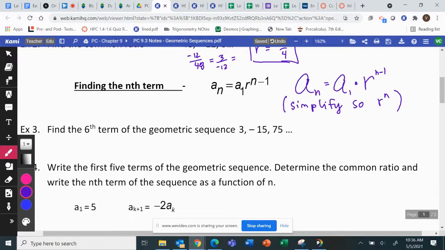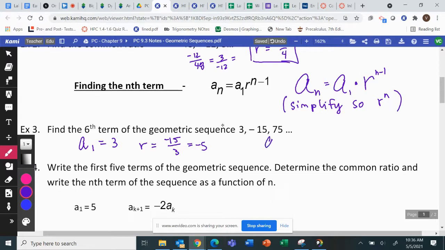So find the 6th term of the geometric sequence 3, negative 15, 75. So we have a sub 1, which is 3. We need our r value. To find our r value, I can take negative 15 divided by 3, which is negative 5.